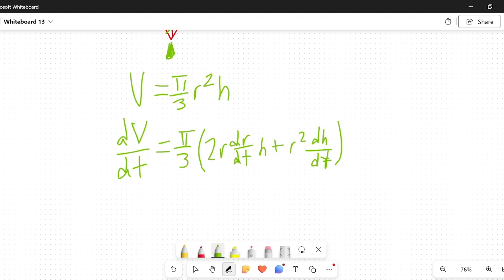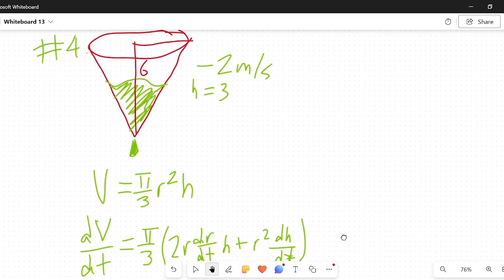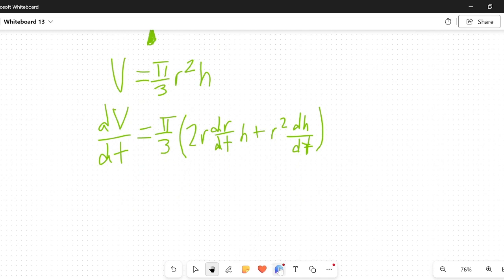Then what we are going to do next is plug in all the values. Our goal is to find the rate at which the volume is decreasing, and dV over dt is going to give us that.